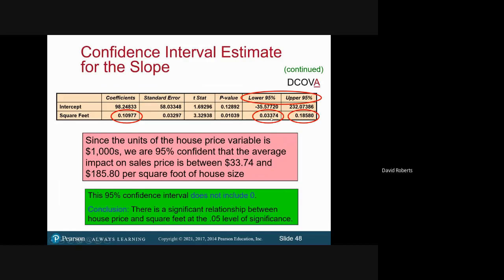You learned or saw before that if the number is not within the confidence interval, you would reject it. Zero is not between 0.03374 and 0.1858. So you would reject H0, which is good in this particular case because we don't want it to be zero. Zero means, again, it has no meaning.